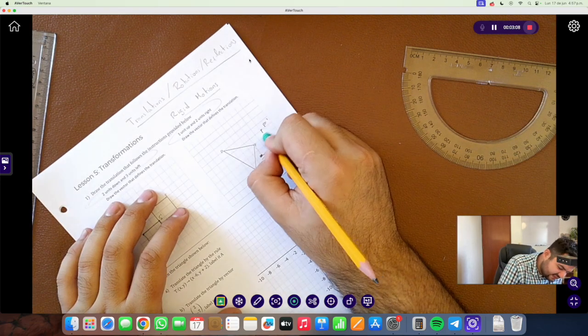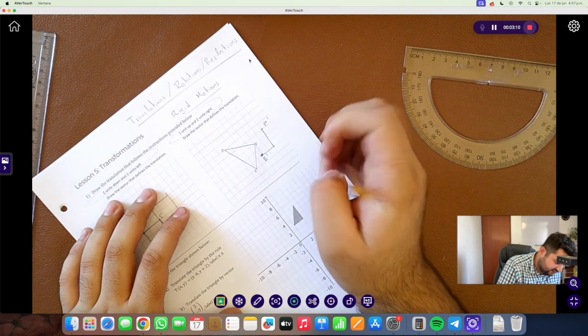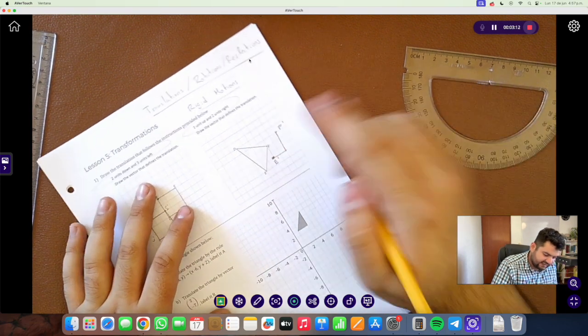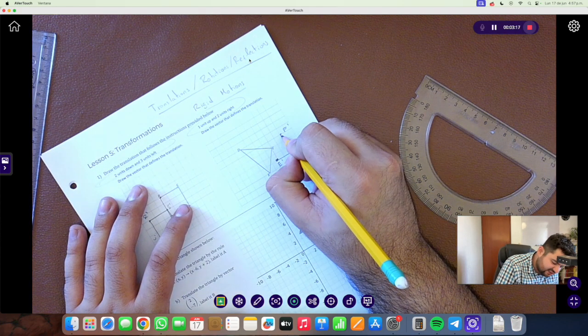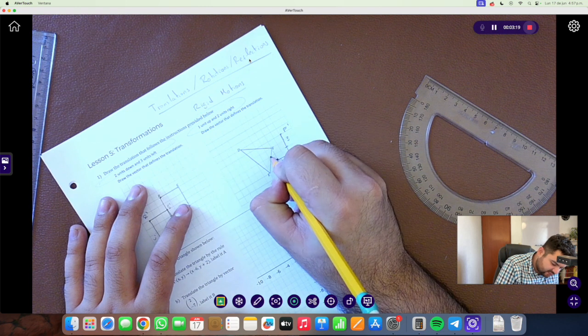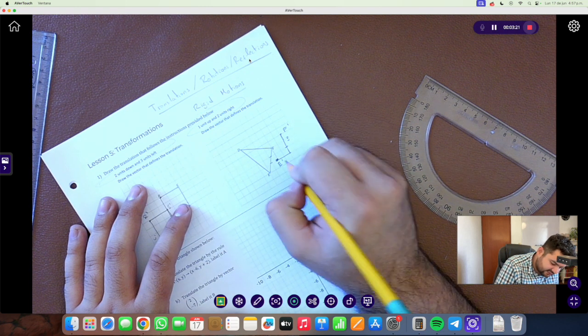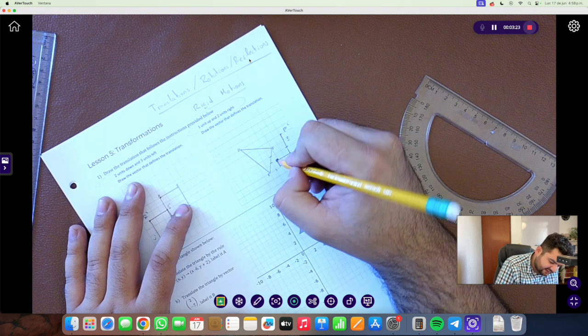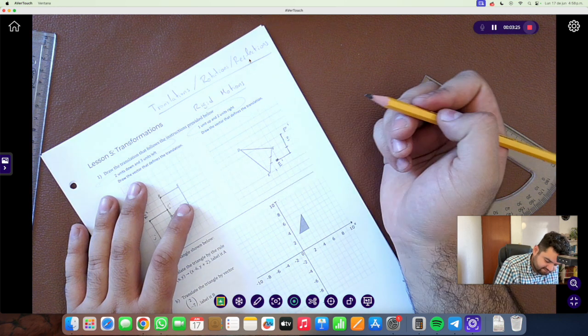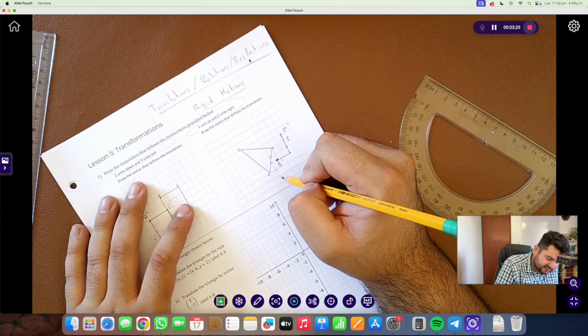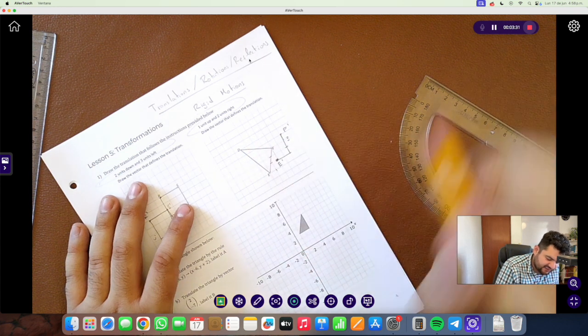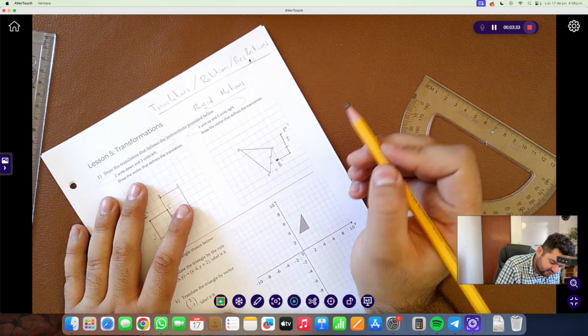Don't think that these are the lines of my triangle. These are not the lines of my triangle. I am just using the same slope. It is because this is 1, 2, 3, 1, 2, 3, and 2. I found E prime by using the same slope. I can find, for example, D prime by following the rules.